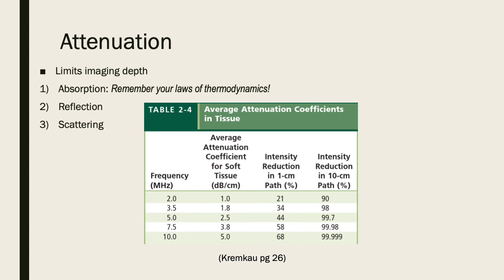Then if we look at the intensity reduction in a 1 centimeter path compared to a 10 centimeter path, we can see just how much greater the percent reduction is. That makes sense, right? As the sound wave has to travel deeper and deeper, we know that each centimeter it moves, it gets weaker and weaker. So of course, as we increase our path length, it would only make logical sense that the strength of our sound beam would also be weakening.